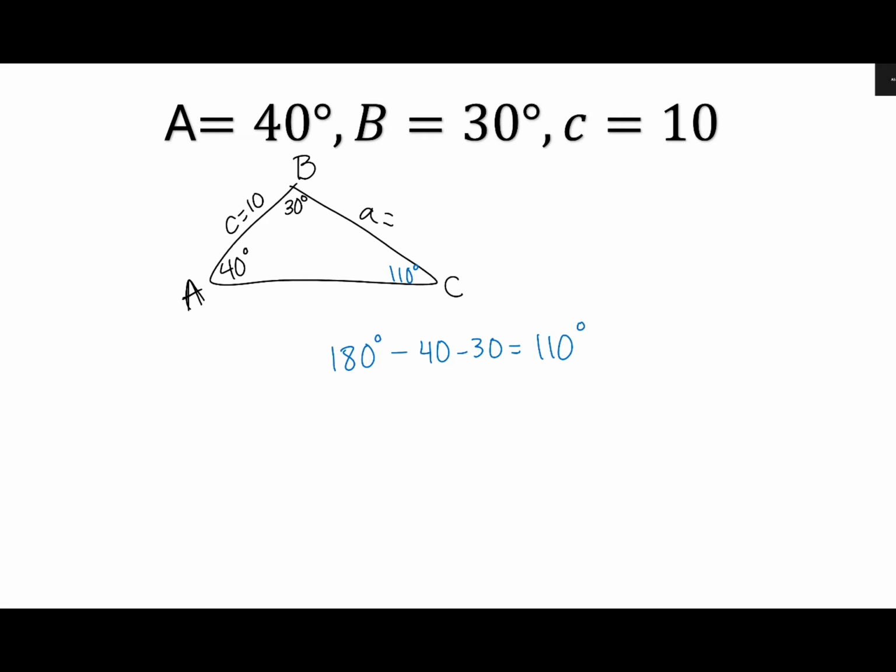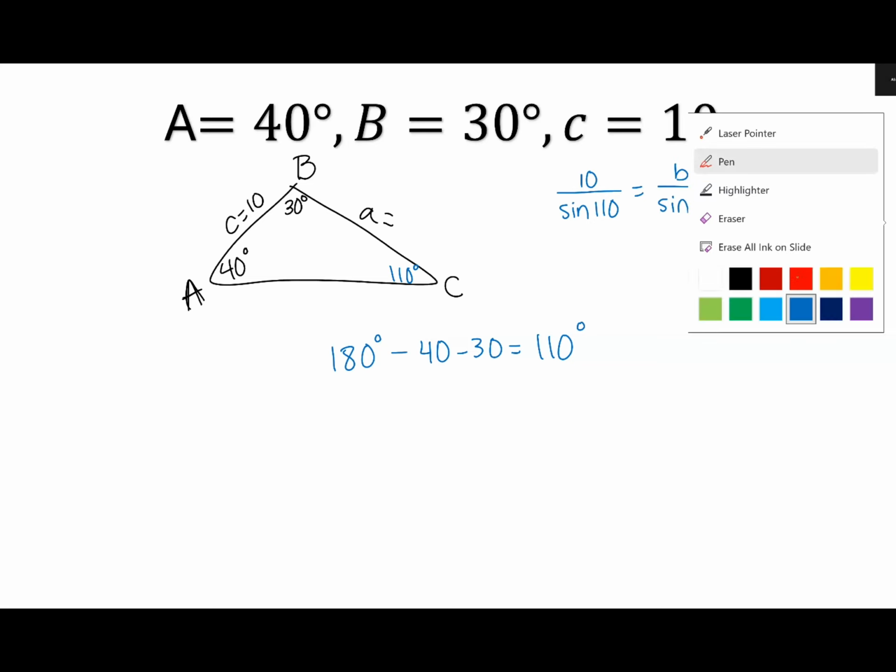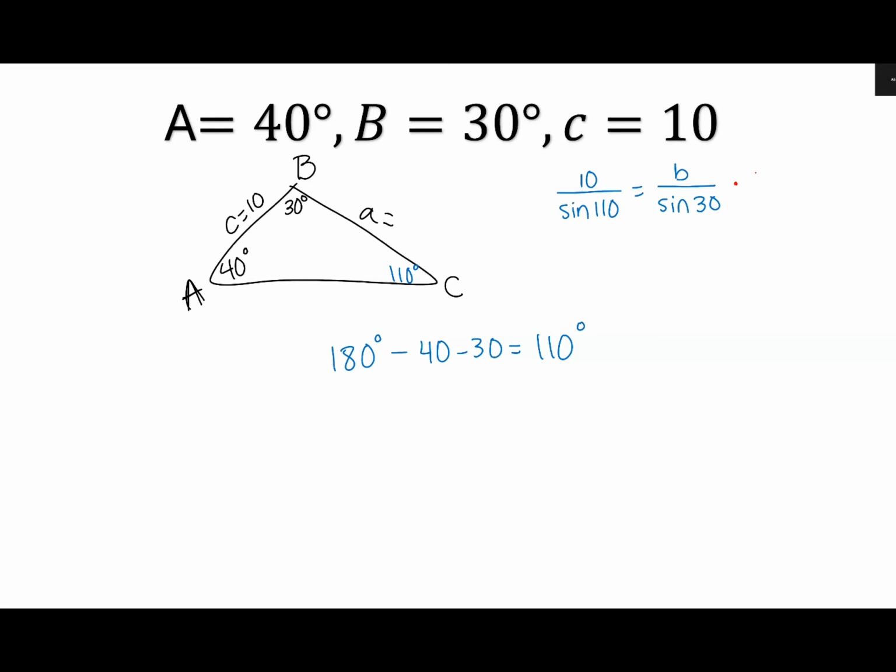Okay, so I am going to do the law of sines. I'm going to do side C over sine of angle C, and I'm going to go ahead and find side B, and put that over sine of 30. Now I can go ahead and solve for B. So I'm going to multiply both sides by sine of 30.